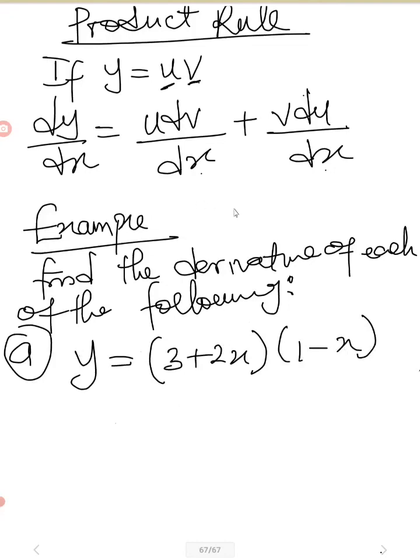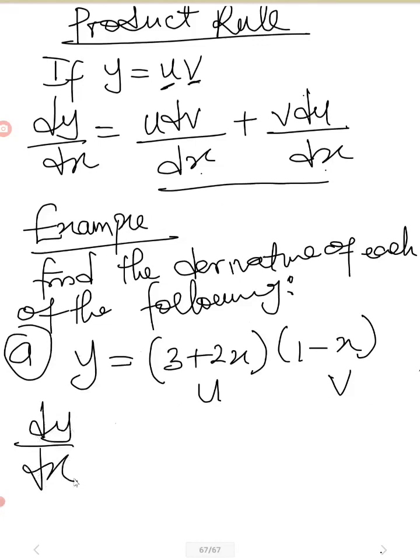If you want to analyze this, your u is 3 plus 2x and your v is 1 minus x. As I explained earlier, in the product rule, you write the value of u, 3 plus 2x, multiplied by the derivative of v. You don't need to write the formula any longer.